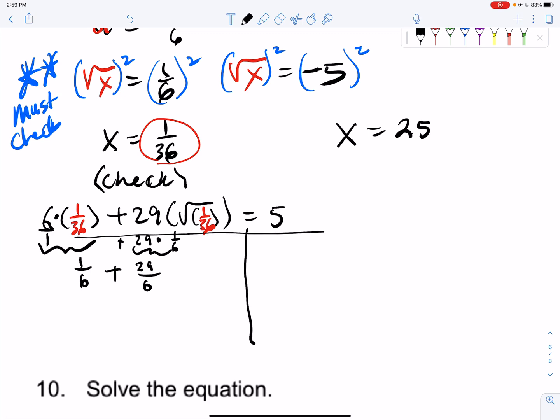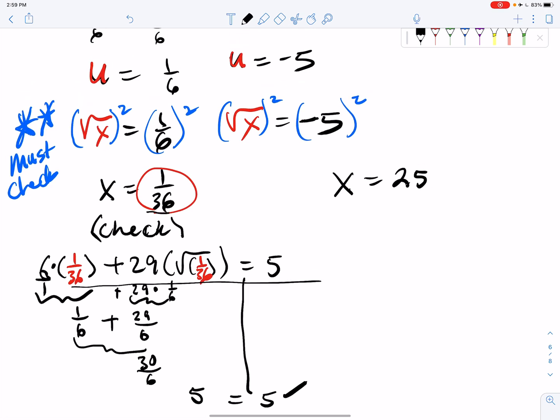With a common denominator, we just add them up. This gives us 30/6, which equals 5. Hey, how awesome is that? The left equals the right, so therefore this answer of 1/6 is checked and is good.